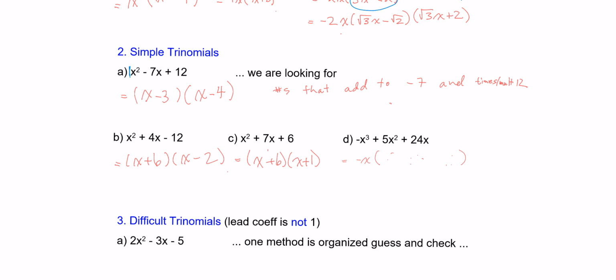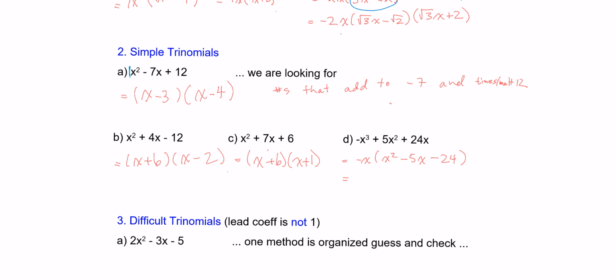Which is, well, x squared and then negative 5x minus 24. So, because we know our last number must multiply to negative 24 and our middle number is adding to negative 5, we know that the bigger number is going to have to be negative.